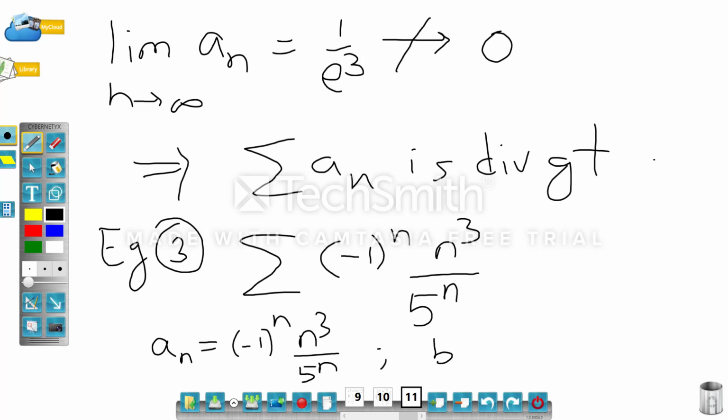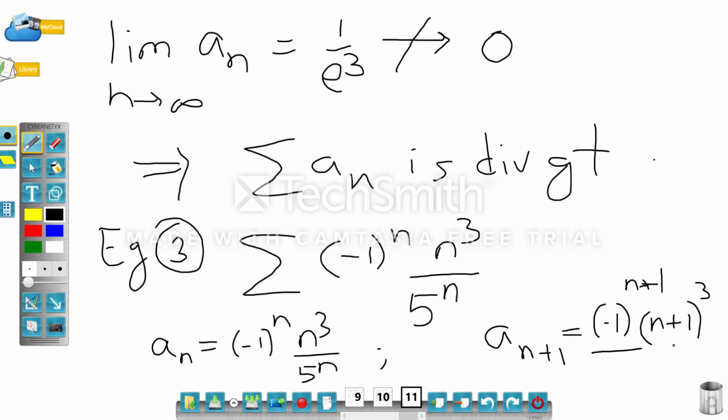And a_(n+1) is (-1) raised to n plus 1, (n plus 1) whole cube upon 5 raised to n plus 1.